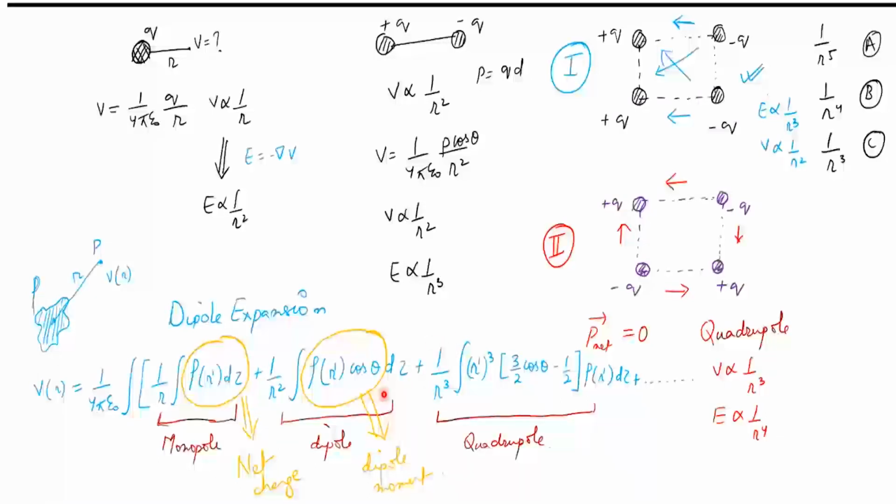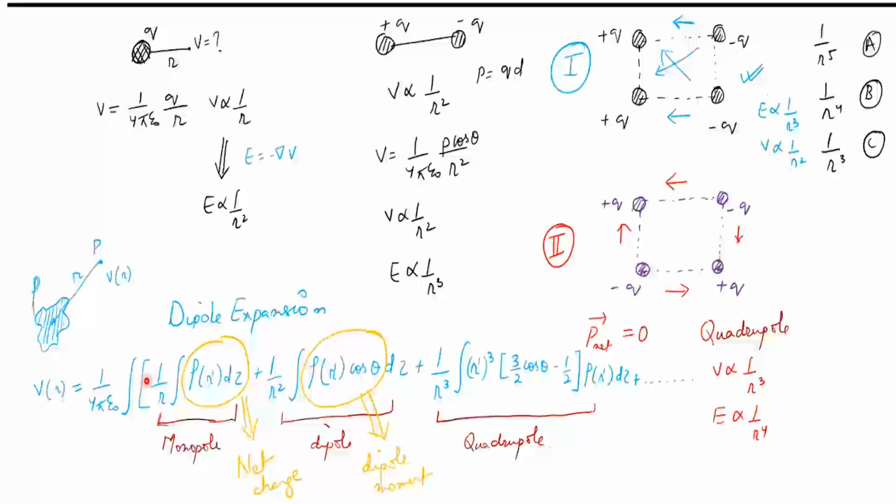That means the contribution is decreasing from each consecutive term. Since this has a net charge of q, the leading order term will be from the first term.